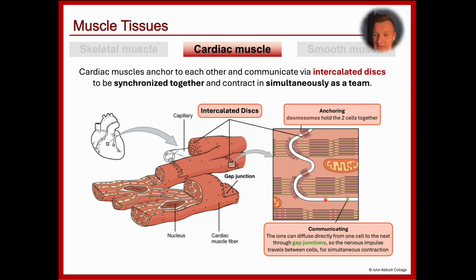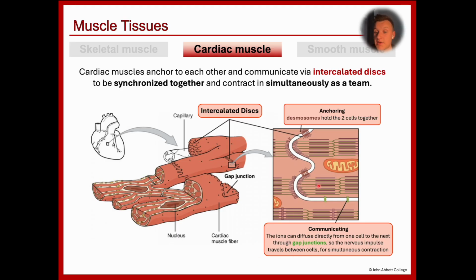And you see these little ion channels that allow for communicating between the two cells. So the ions, like sodium or potassium, they can go into the next cell, and these are called gap junctions. So gap junctions are channels that allow the ions to pass through so that the nervous impulse can travel between the cells.